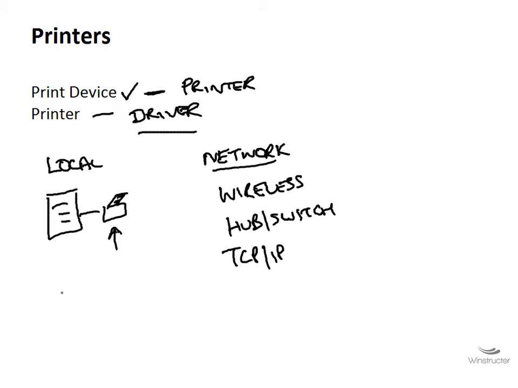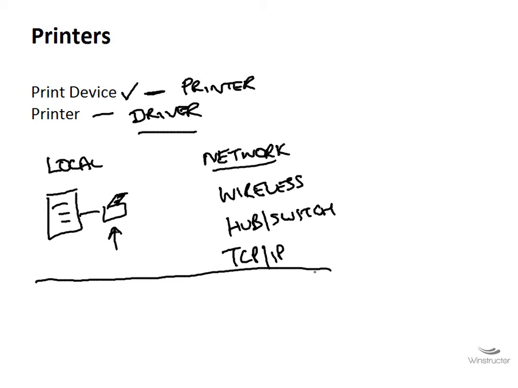Now, for every physical printer that you have on a Windows server, it'll be represented in Windows as a logical printer. Now, a logical printer is what defines the characteristics of the printer itself. Things like the driver, the printer settings, and other properties that control how your server will communicate with the physical print device.